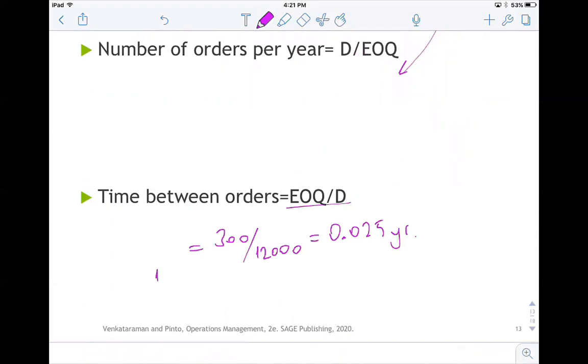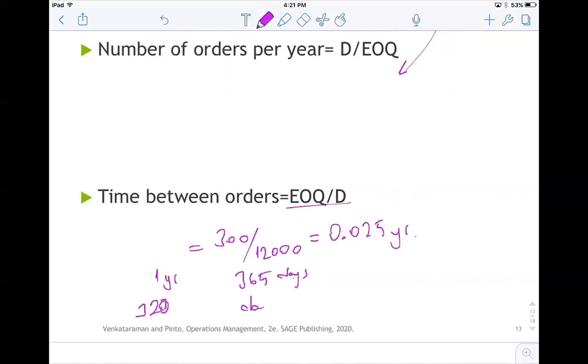Remember, in our 1 year, we have 365 days. But in their 1 year, they have 320 days.